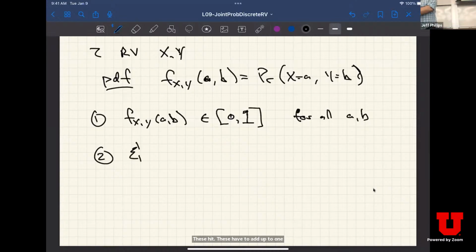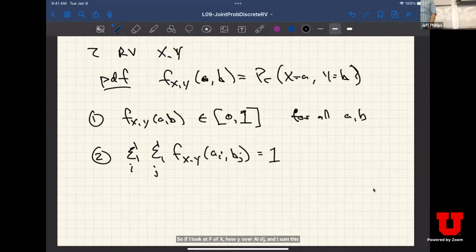So if I look at F of X comma Y over Ai, Bj, and I sum this over all possible outcomes, then this has to equal 1.